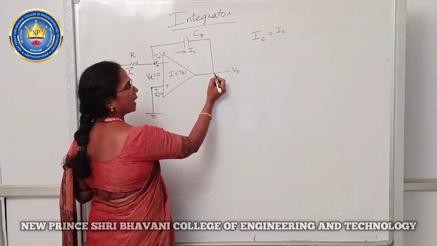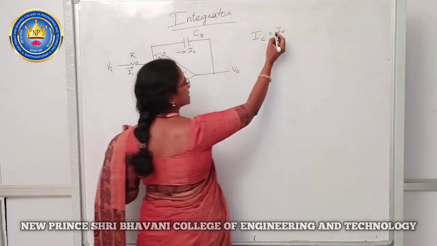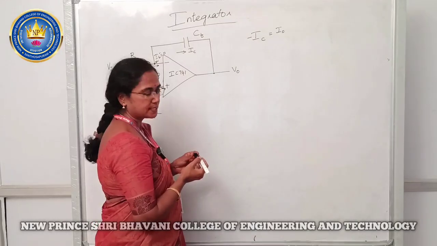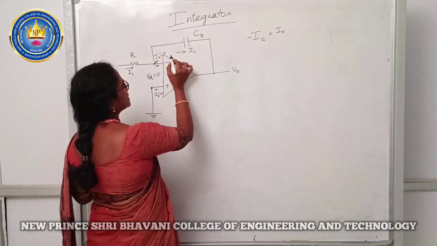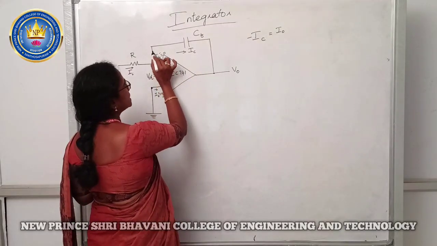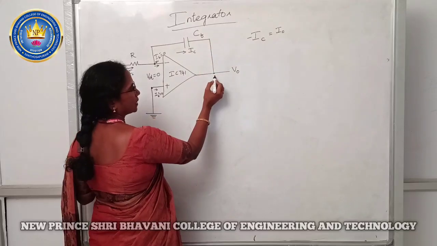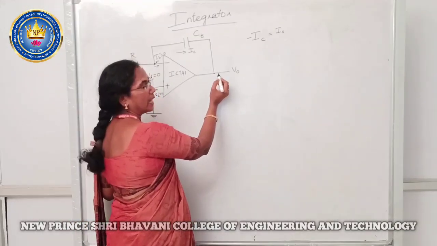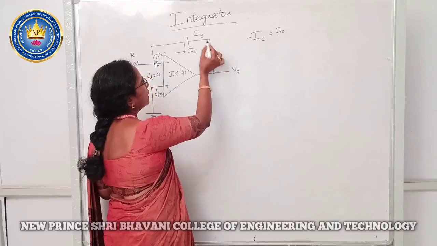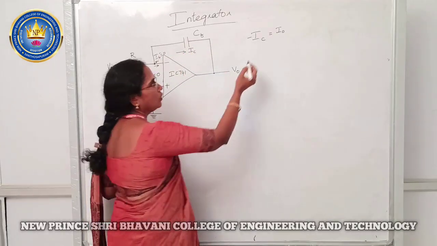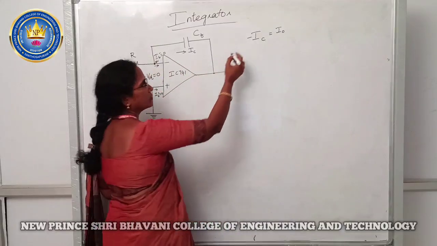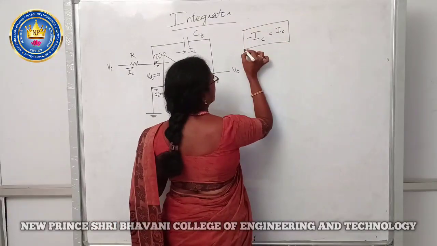If you want to calculate the output current, it is the negative of the capacitor current, because the capacitor current is flowing from this 0 volt to this V0, and when calculating the output current IO, it is of opposite direction. So, IO is minus IC. This we have to remember.